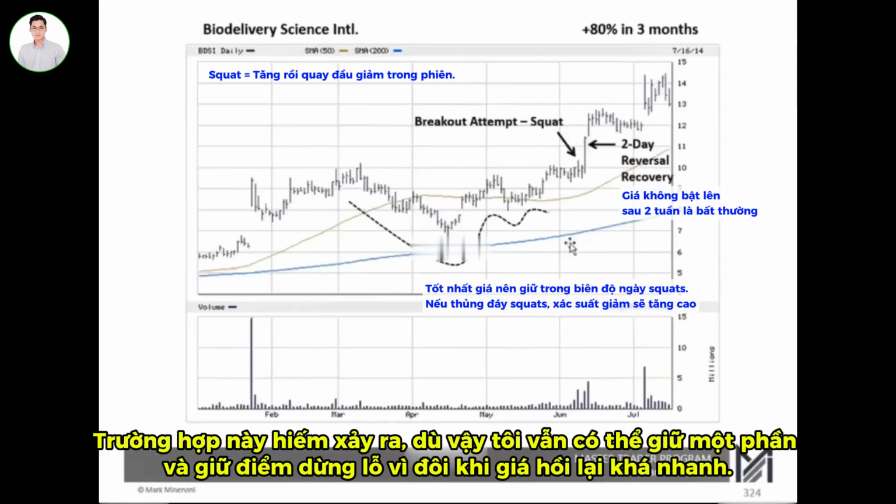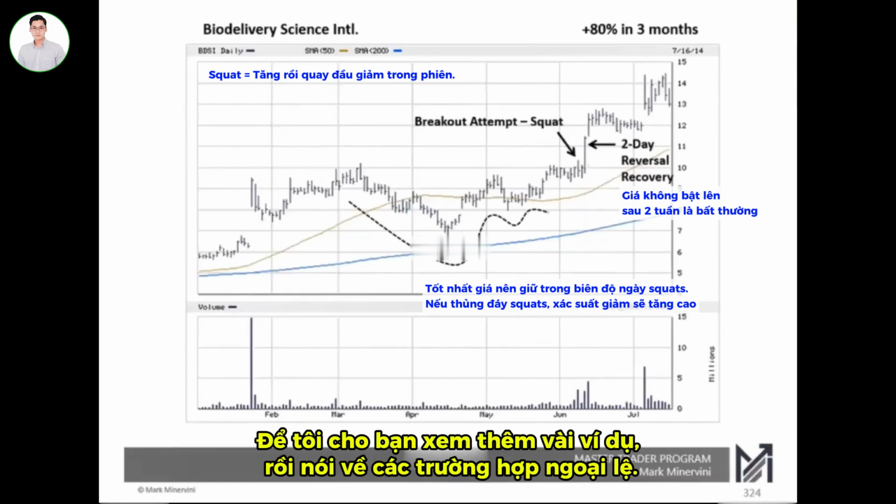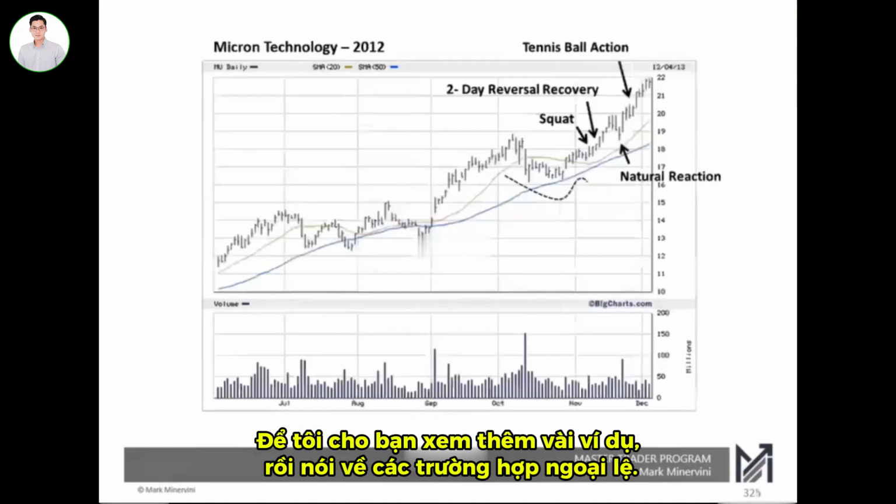And even then, I'll probably keep a piece of it and still stick with my stop because it could recover even that high, that reversal high, sometimes in just a couple of days or a couple of weeks before it actually stops you out. Let me show you a few more examples, and then we're going to talk about some of the caveats and how this can manifest itself.